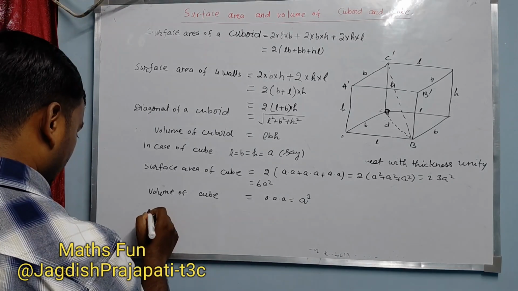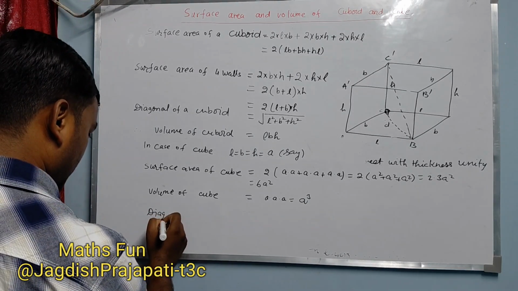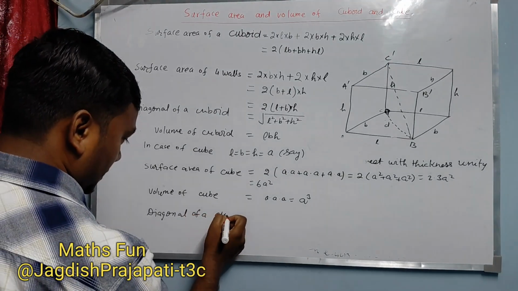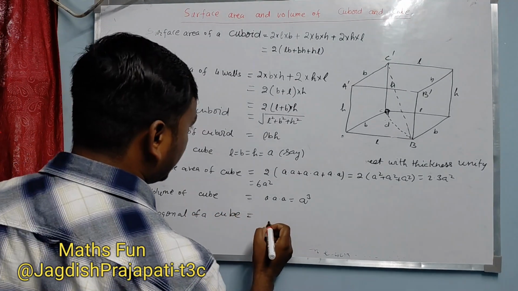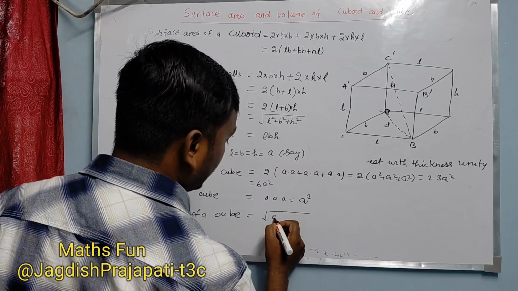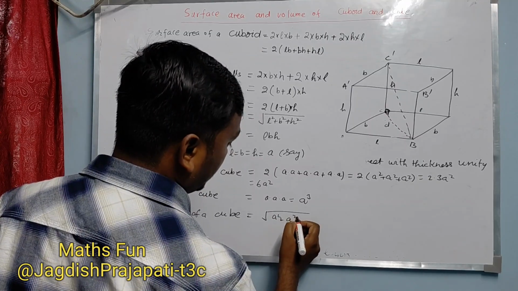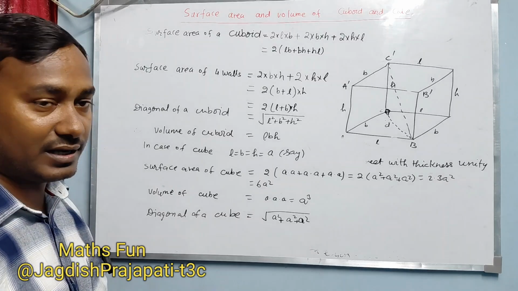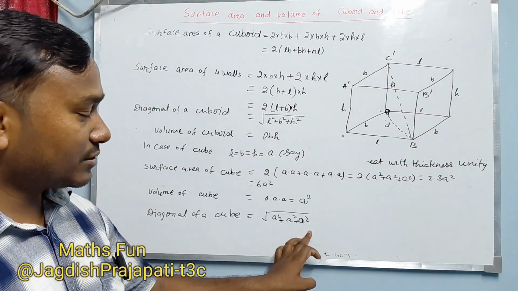And diagonal of a cube will be under root A square plus A square plus A square. Are you getting why I am writing only A square plus A square plus A square?